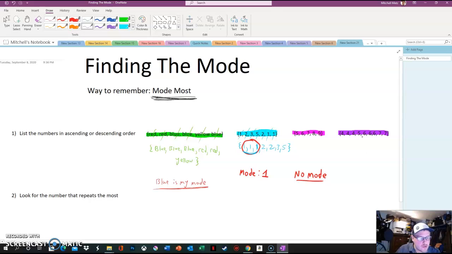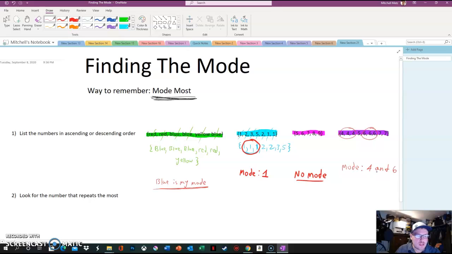If we look at this really quick, I notice I have 3 4s, 1 5, 3 6s, and 2 7s. So I have the same amount of 4s as I have 6s, and those are the ones repeating the most. In this case, I actually have 2 modes. 4 is my first mode, and 6 is my second mode. So my mode will be 4 and 6.